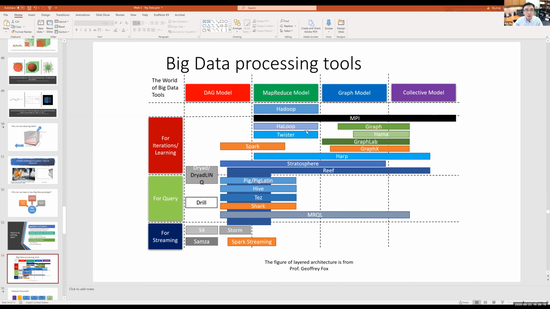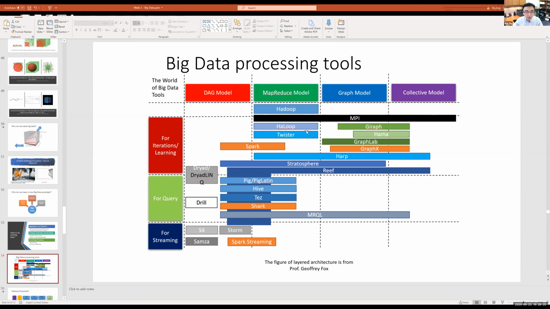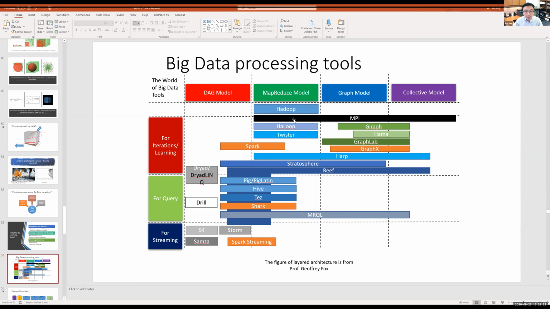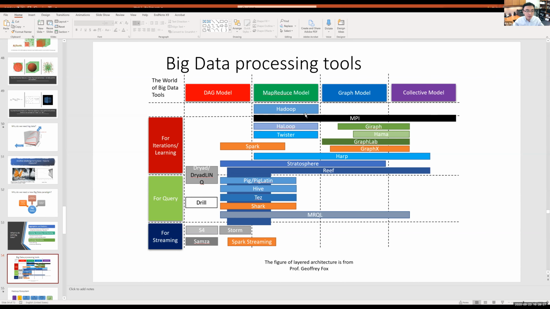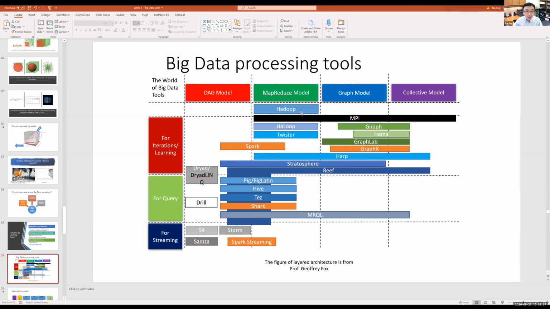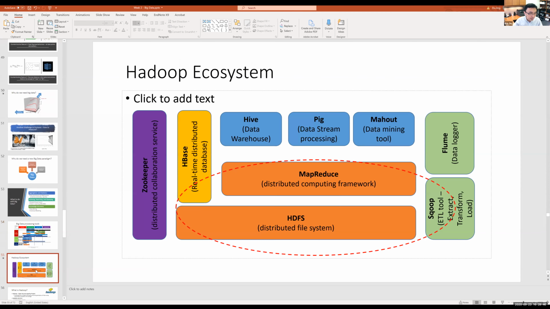MapReduce represents a mathematical or logic method for big data processing, and Hadoop is the name for the entire ecosystem, including the hardware, algorithms, data warehouse, everything. This was driven by Google. MapReduce was first developed at Google and later became a gold standard for big data processing. So let's talk about this MapReduce system.